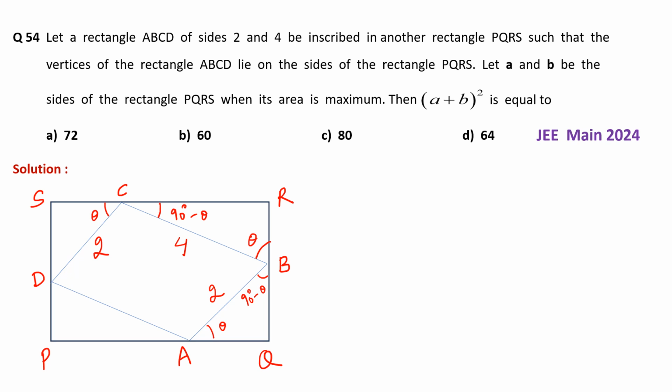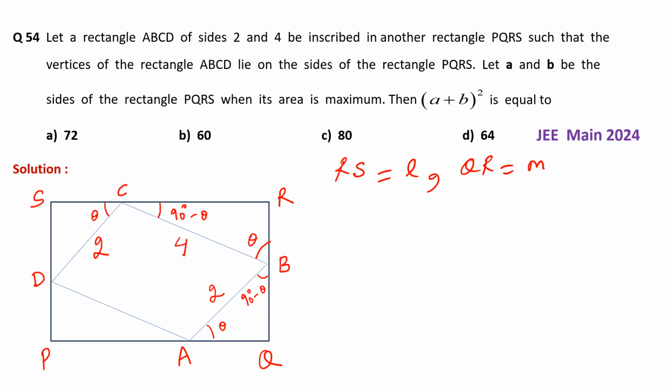I am supposing the dimensions of the rectangle PQRS as L and M. I am taking its length RS as L and its breadth QR as M. At the moment when the value of LM becomes maximum, that means the area of the rectangle PQRS becomes maximum, then we will put L equal to A and M equal to B. And then we will find the value of A plus B whole square.